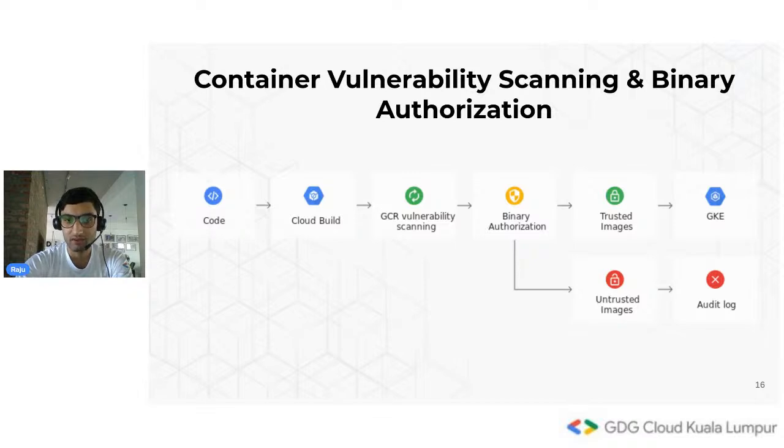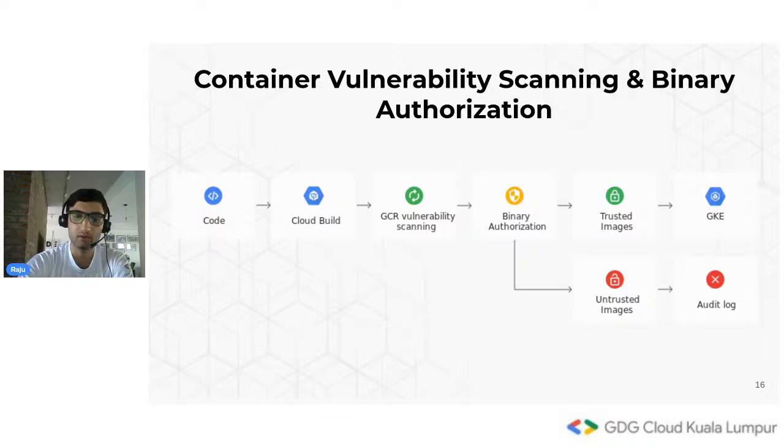So I already talked about container security. By using Google Cloud Build, which has very good integration with vulnerability scanning out of the box, let's say, for example, you have code on GitHub or Bitbucket. There is a direct integration of Cloud Build with Bitbucket and GitHub, right? So whenever a new tag is created or there is a merge on a new branch, Cloud Build is triggered and it will create the image, and GCR vulnerability scanning will scan the image to check if there is any kind of vulnerability inside the container, right?